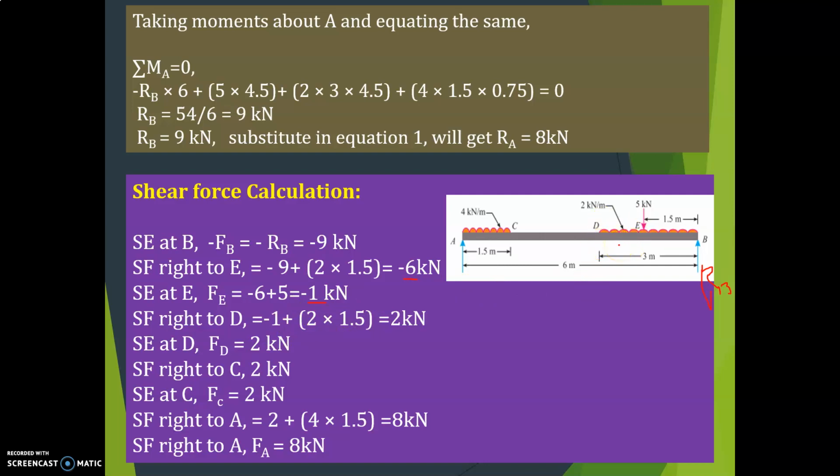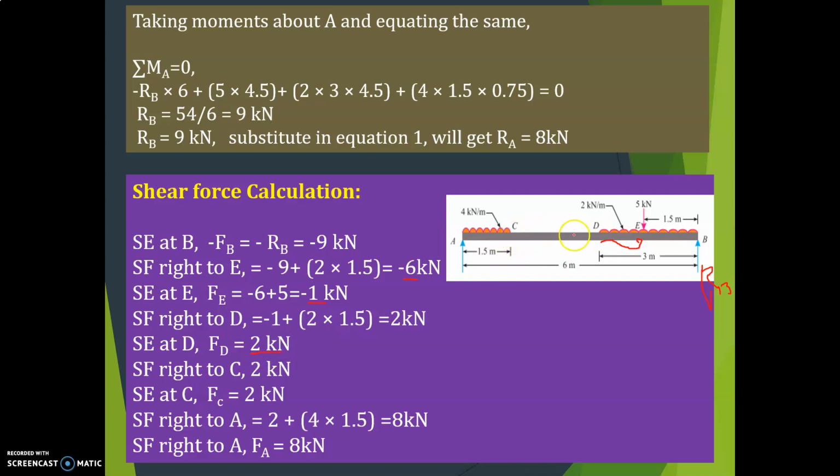Total is 3, this is 1.5, so this is also 1.5. So that is equal to 2. Next, shear force at D. Here there is no load, so whatever it is right to D is equal to the shear force at D, that is 2 kilonewton.